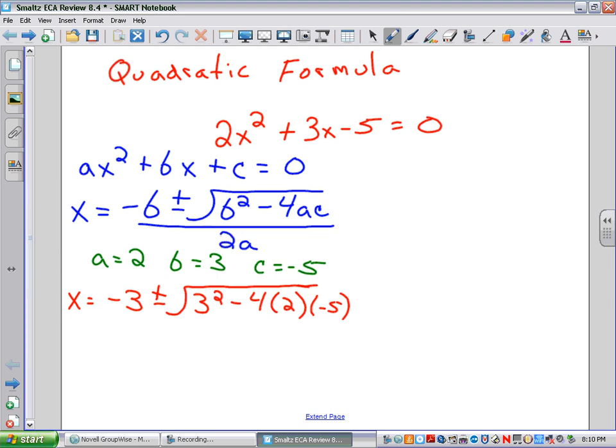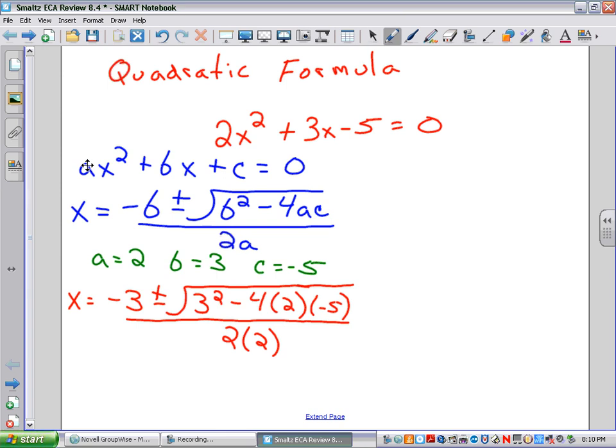I'm going to make that square root a little longer. All over 2 times A, so it's 2 times 2. Wow. Long equation, but we got to know how to do it.